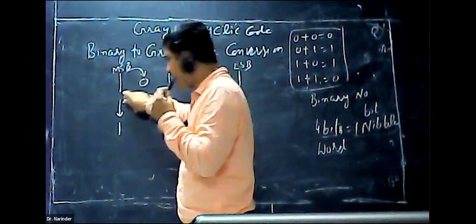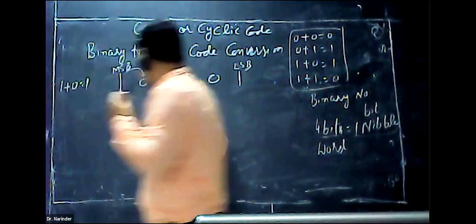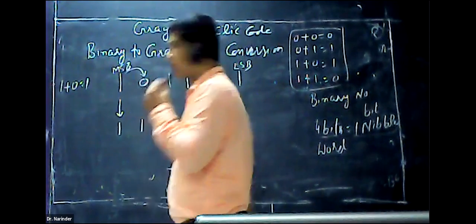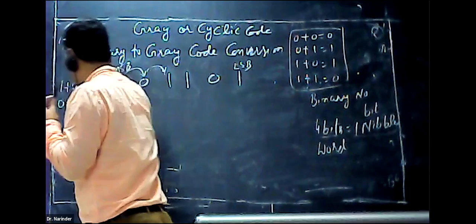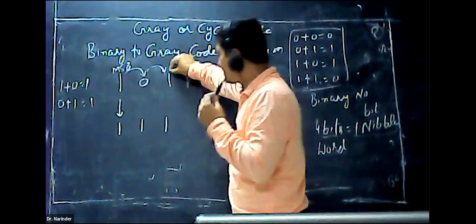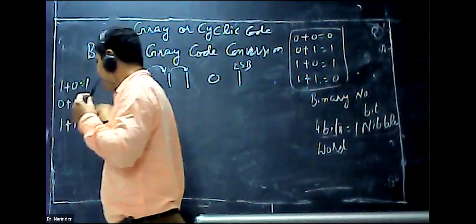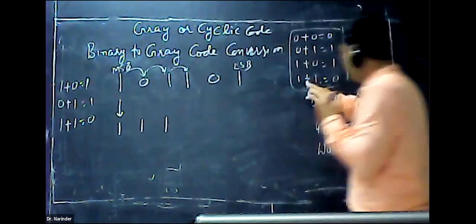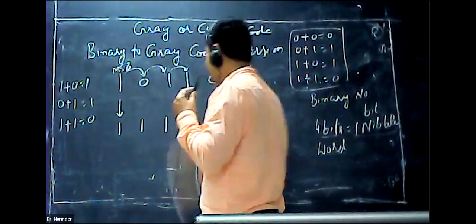Cyclic code. 1 plus 0 is 1. So write here 1. Next is 0 plus 1, that is 1. Write 1. Next is 1 plus 1, that is 0. I told you that 1 plus 1 is 0. Write here 0.